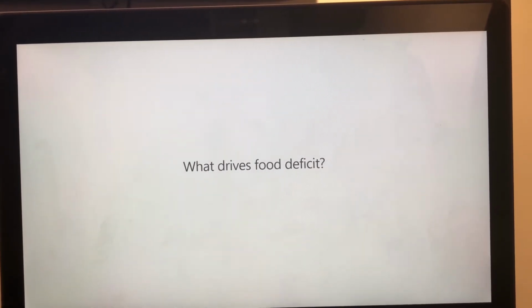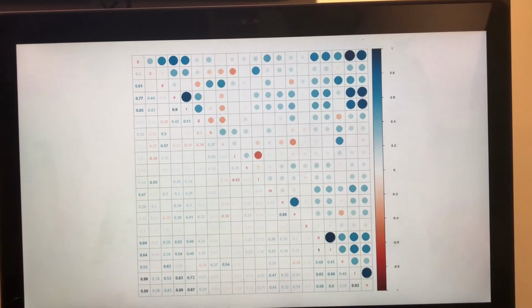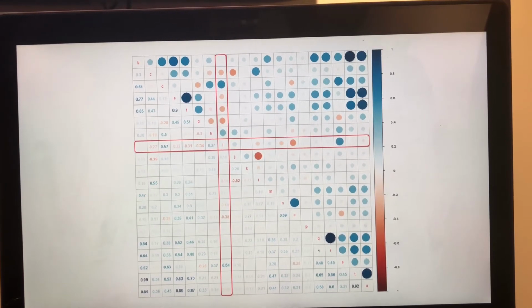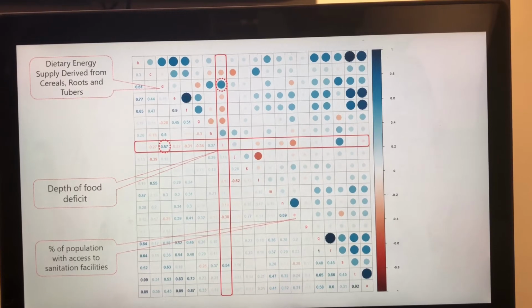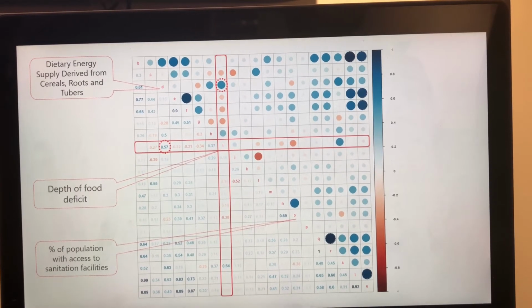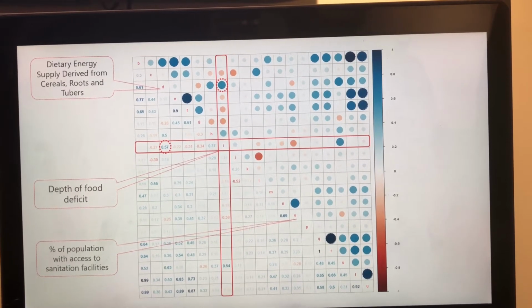Since it can be daunting to even understand the large data set, we started our exploration with a correlation plot to get a feel for our data. This plot focuses on how much one variable can affect another. From the correlation plot that you're seeing, it shows a few indicators such as access to sanitation facilities drive food deficit.